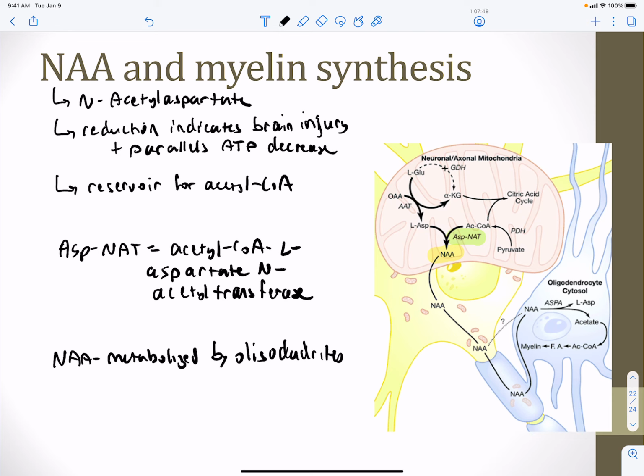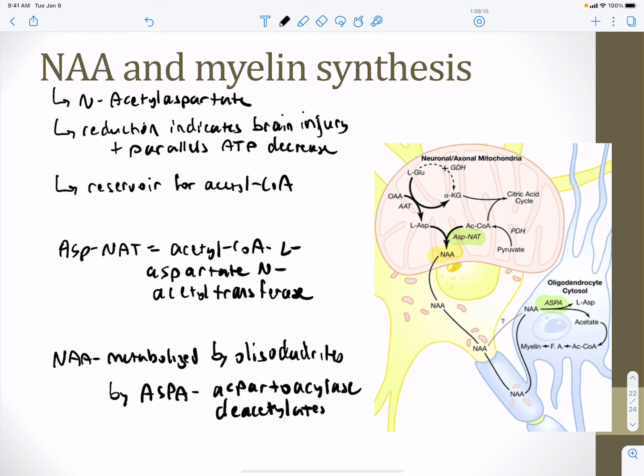And you're going to have it metabolized by an enzyme, ASPA, or aspartoacylase, a deacetylase. And then you're going to make acetate.